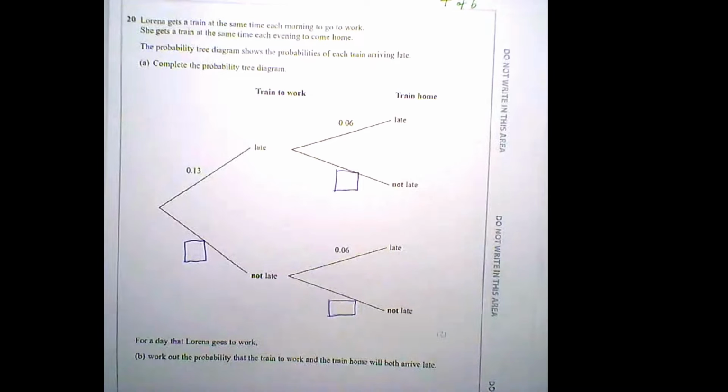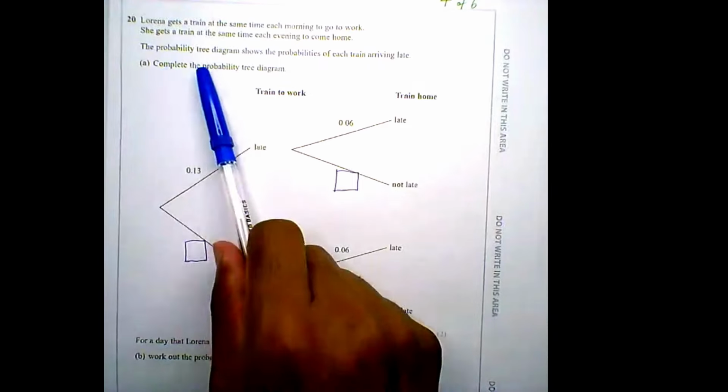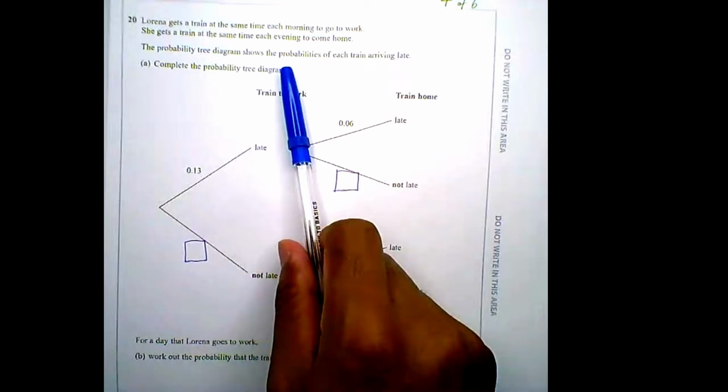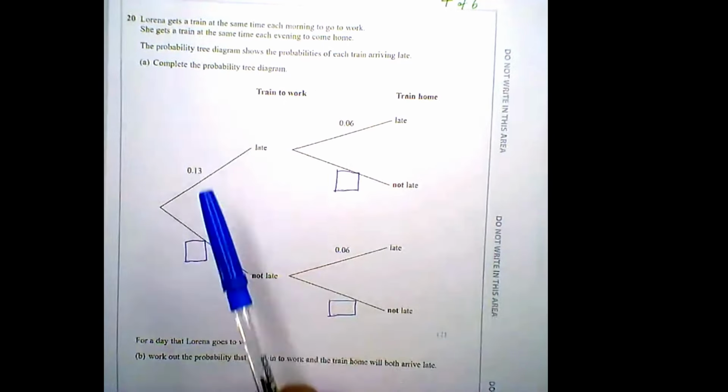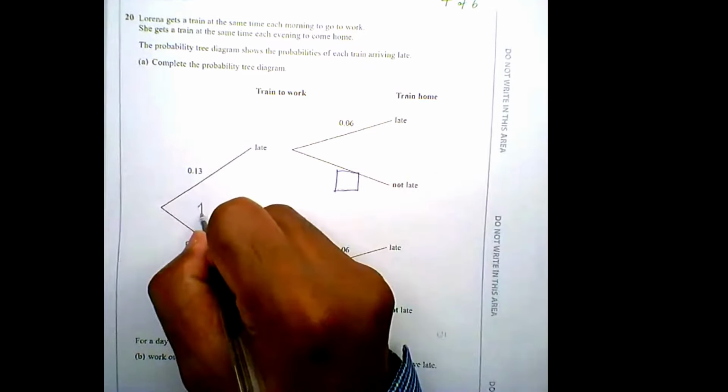Okay, so let's go through this. Lorena gets a train at the same time each morning to go to work. She gets a train at the same time each evening to come home. The probability tree diagram shows probabilities of each train arriving late. So you've got late and not late. So we know that all probabilities add up to 1.